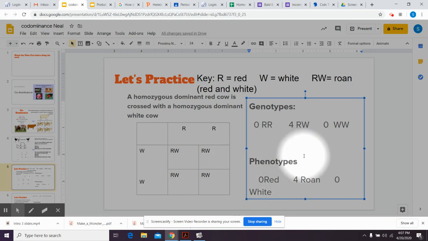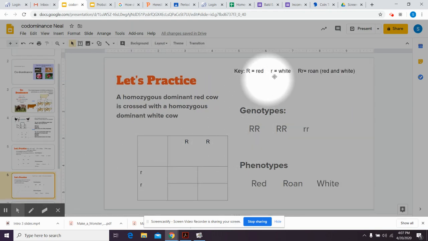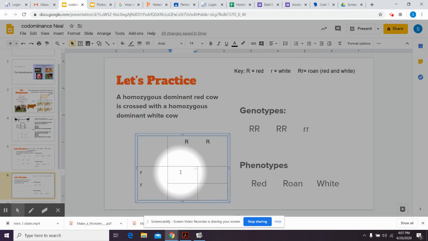I could do this with the two different letters, as you see here. I could do this again with the same letter choices. So capital R being red, lowercase r being white, I'm sorry, capital R, lowercase r being roan, which is a red and a white allele. So in this case, I'm just using the same letters. So I can fill in the Punnett square the same, capital R, lowercase r, in each box.